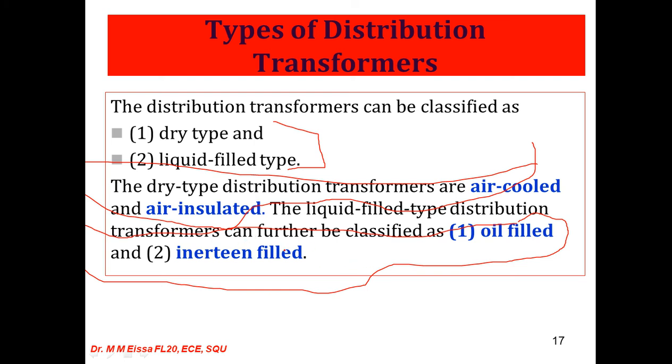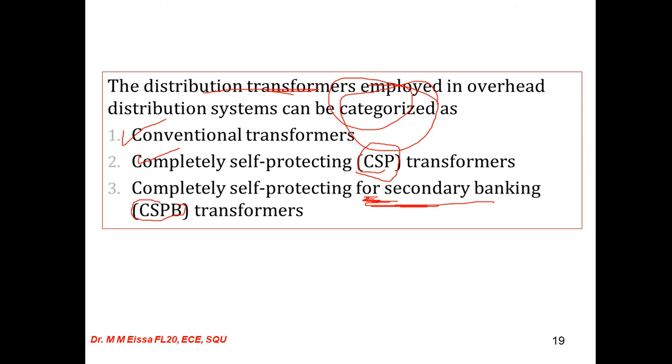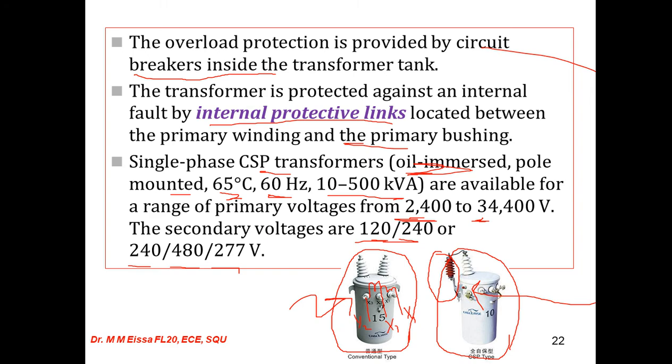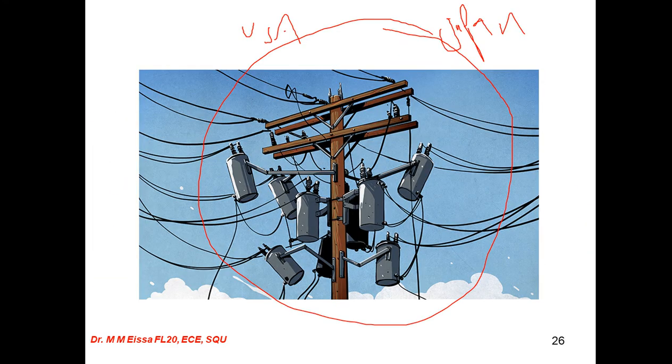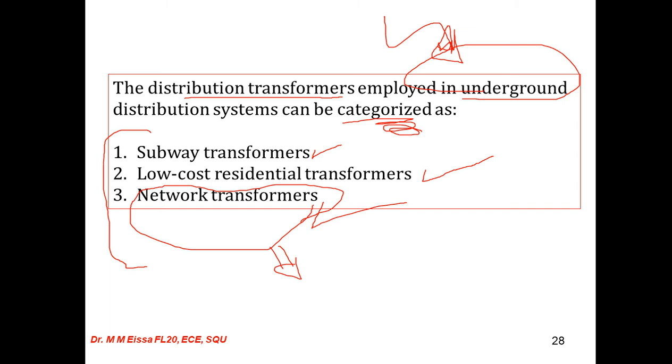So here are the categories of transformers classified as liquid, and here as dry. We now have three different categories according to cooling, for overhead, and the last one is categorized according to underground distribution transformers.